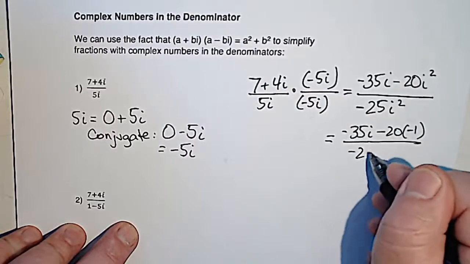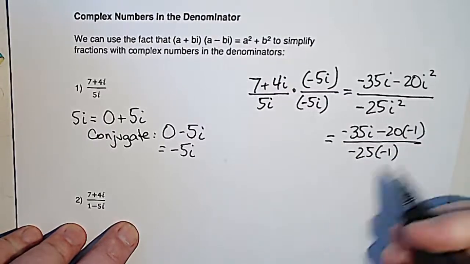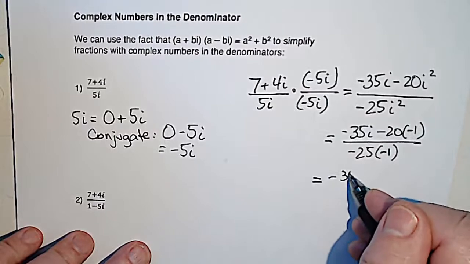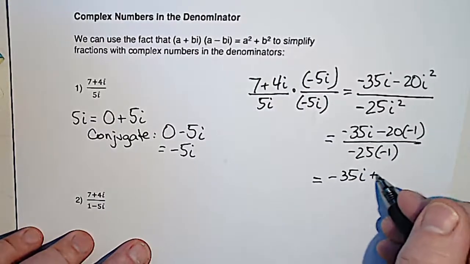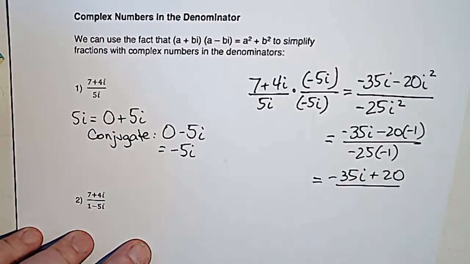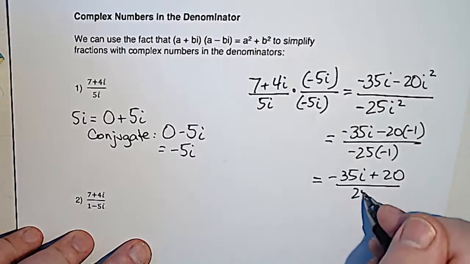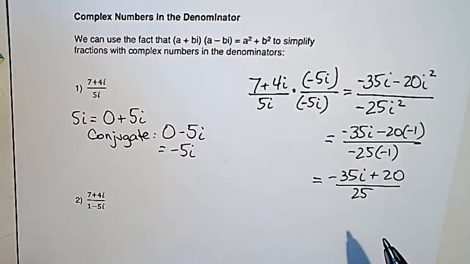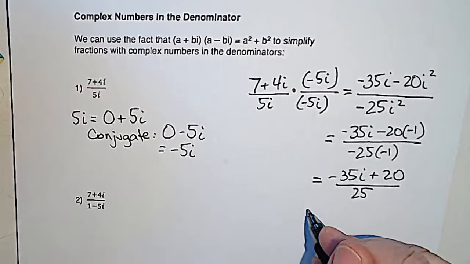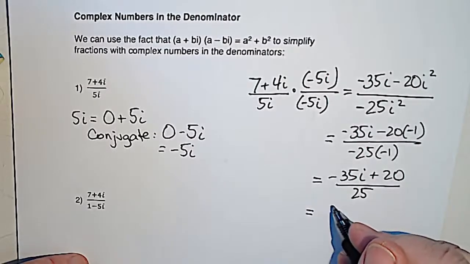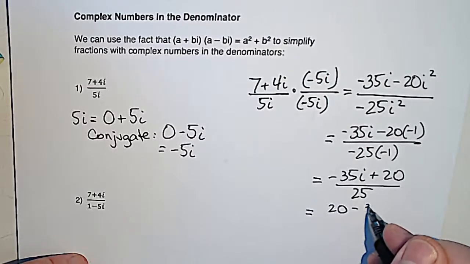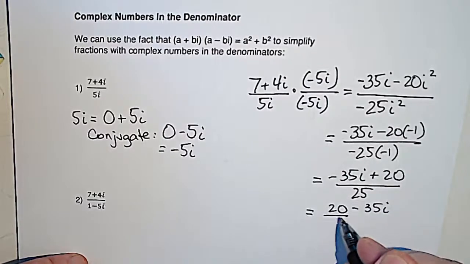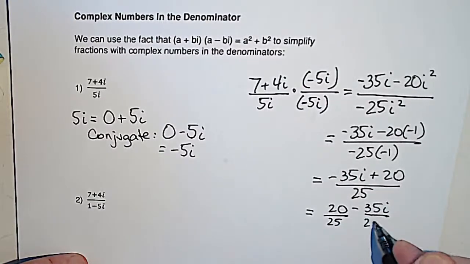And down in the denominator, same thing. So I get negative 35i plus 20 all over 25, which I can then write as 20 minus 35i, each of them over 25.